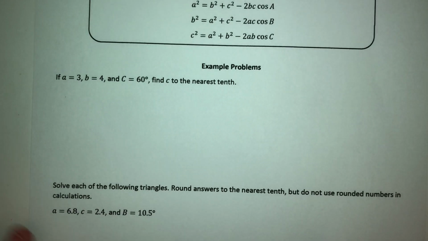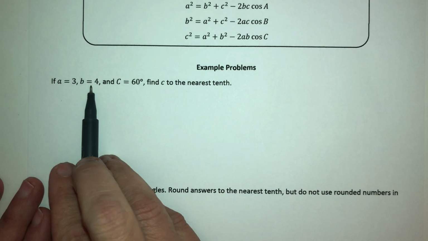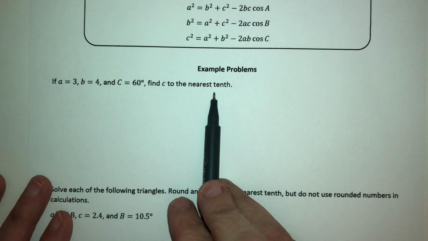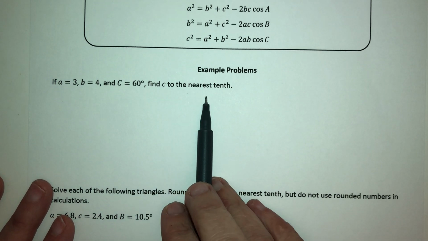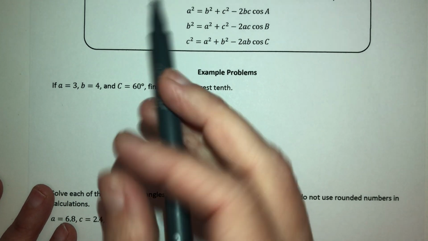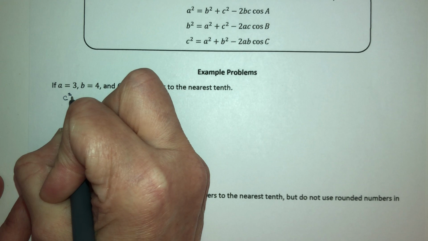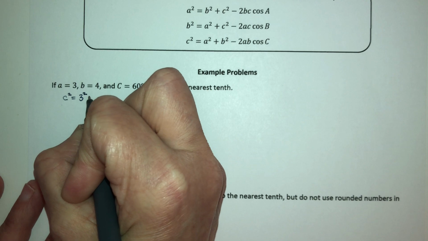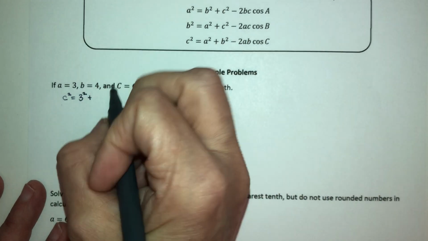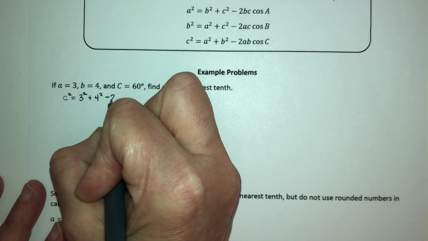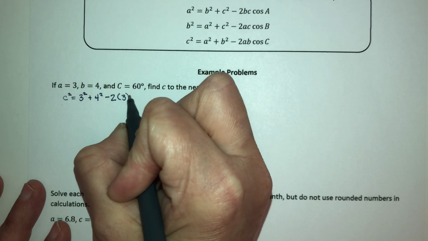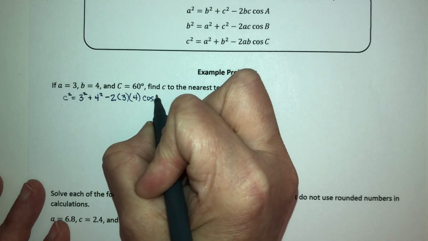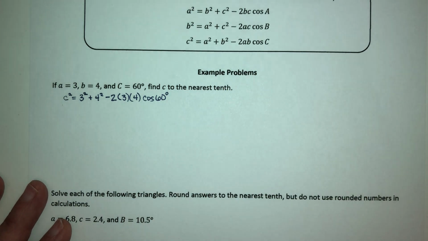So let's look at an example problem. We are given side A, side B, and angle C, and we're asked to find side C to the nearest tenth. Since we're looking for side C, I'm going to use this formula. C squared is equal to A squared. A is 3. So 3 squared plus B squared, 4 squared, minus 2 times A times B times cosine of angle C, which is 60 degrees.